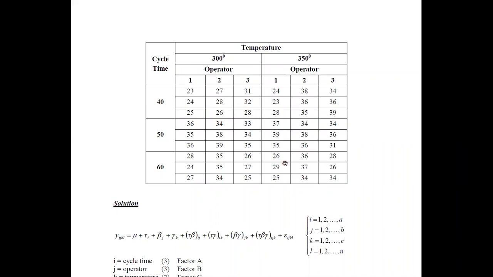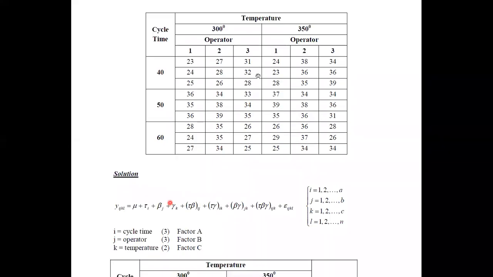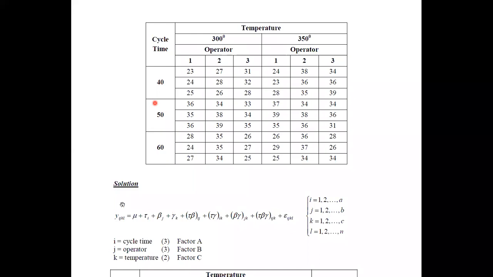And if you go through the calculations for this experiment, first of all we can write down the model for this experiment. It is a three-factor factorial design since we need to identify the effect of all three factors, so we can include the interaction terms also.